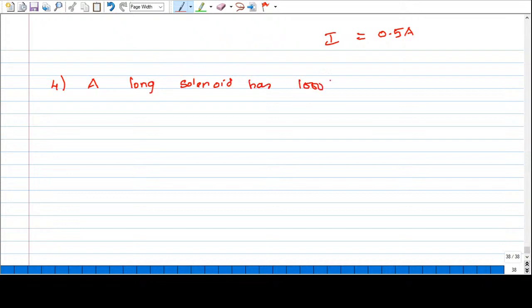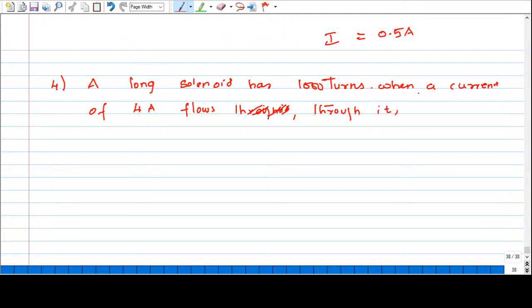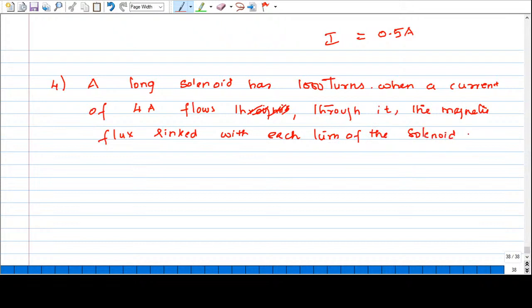has 1000 turns. When a current of 4 ampere flows through it, the magnetic flux linked with each turn of the solenoid is 4 into 10 power minus 3 Weber.